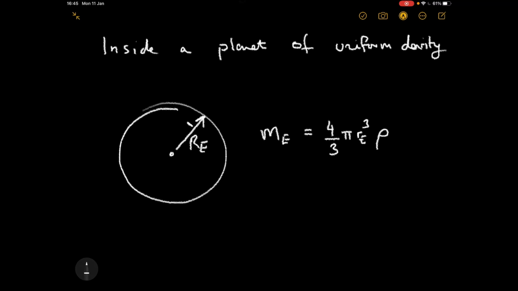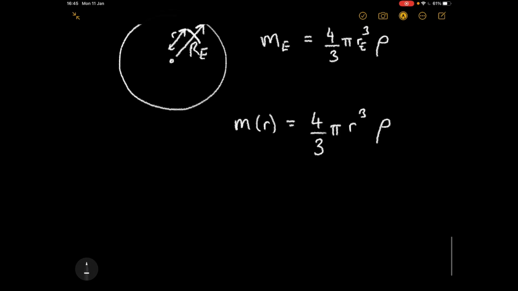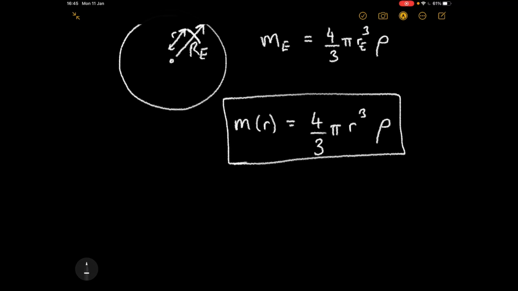And what we can simply do is say, well, what happens if we go to this point here, a distance r along? The mass at a distance r is 4/3 pi r cubed times rho.